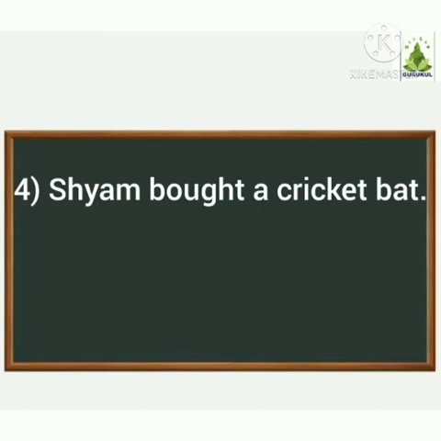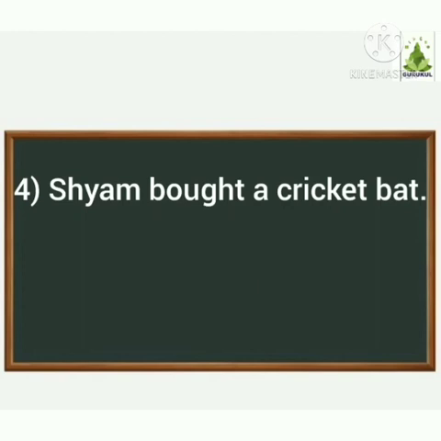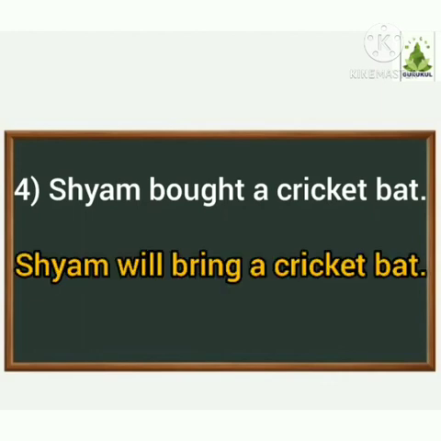As bought is the past form of buy, so this sentence belongs to simple past tense. Rewrite this sentence in simple future tense. After the subject, add will and the base form of bought, that is buy. So the answer will be Sham will buy a cricket bat.